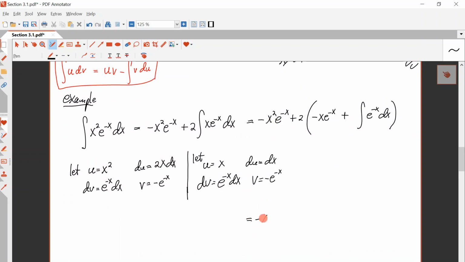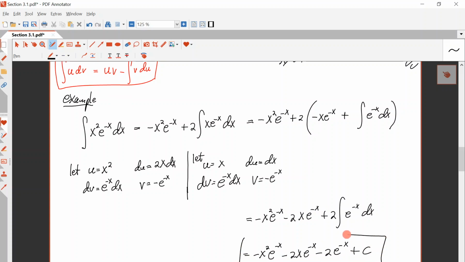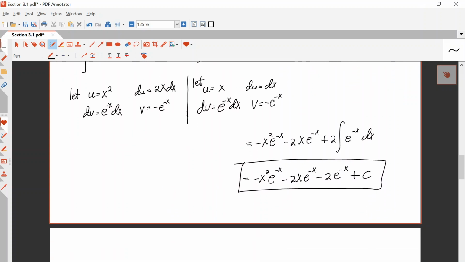So I have minus x squared e to the minus x minus 2x e to the minus x plus 2 times the antiderivative of e to the minus x dx. The antiderivative of e to the minus x is, again, minus e to the minus x. So I've got minus 2 e to the minus x plus c, after all those antiderivatives are gone. And there's my final answer.